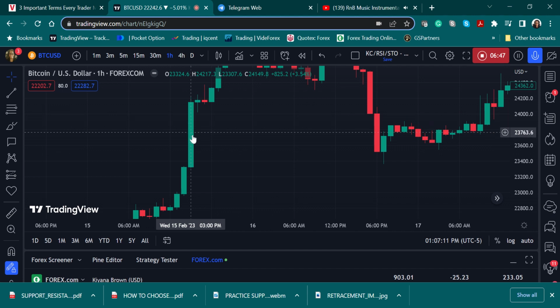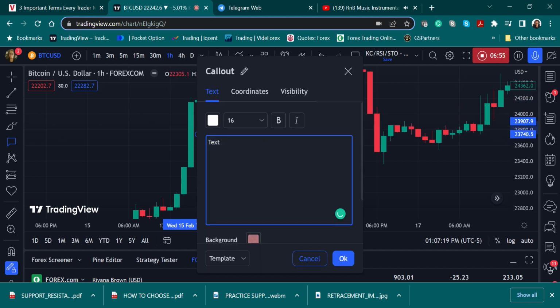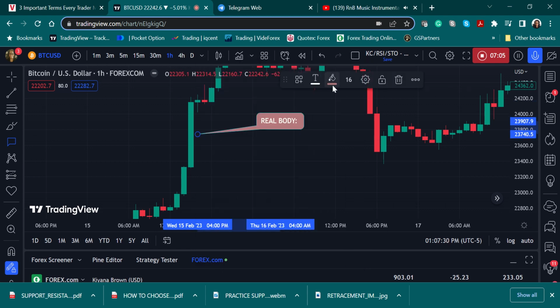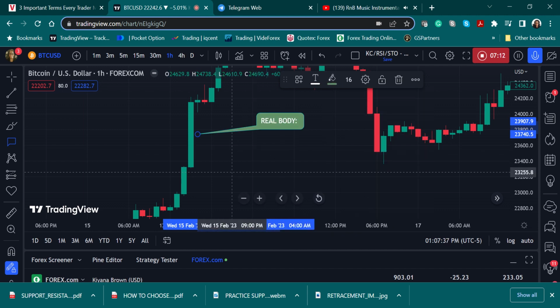This is a real body, we know. So we're going to do the call out here and call it the real body. We know what the real body is: it's the representation of price range within a given time frame. We're going to make this green so we know that we're talking about a bullish candle.